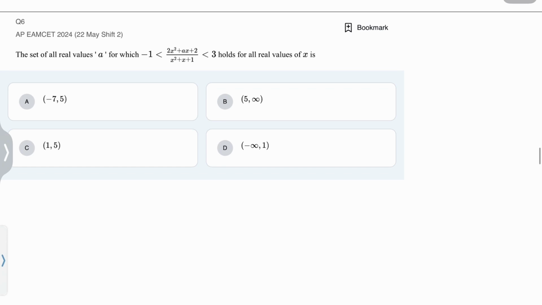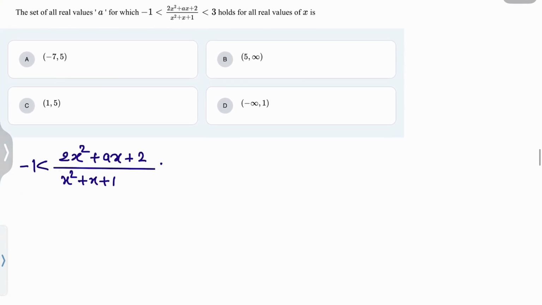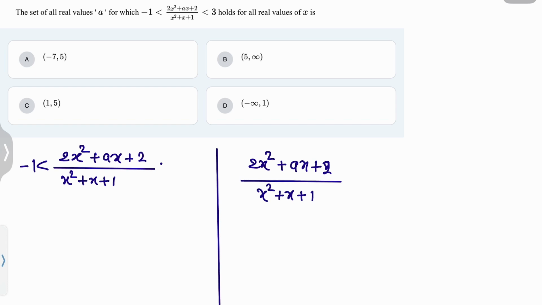First part is 2x square plus ax plus 2 divided by x square plus x plus 1 greater than minus 1. And second part is 2x square plus ax plus 2 divided by x square plus x plus 1 less than 3. We can solve the two parts.